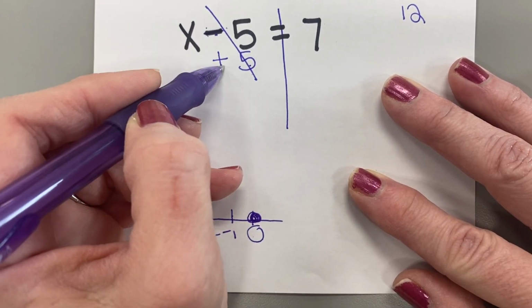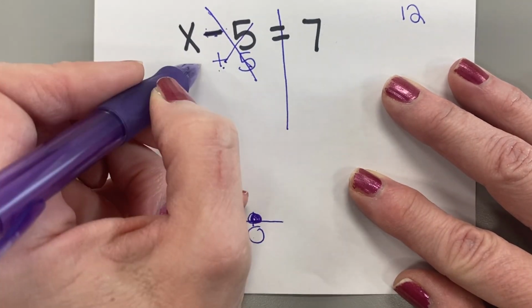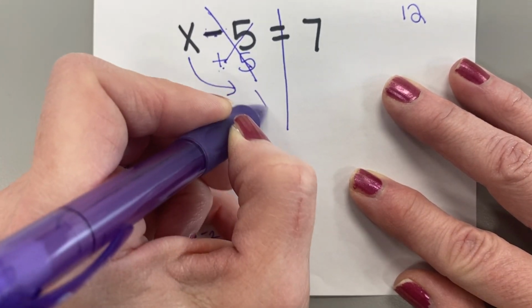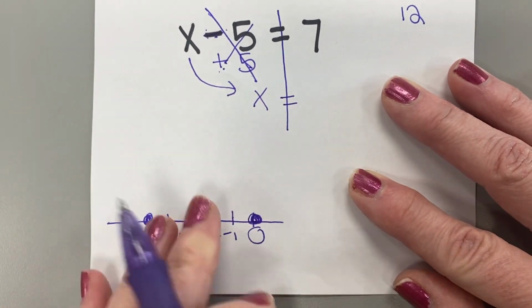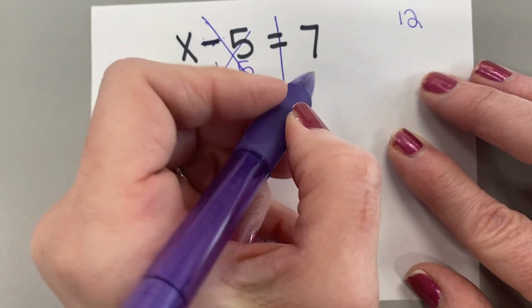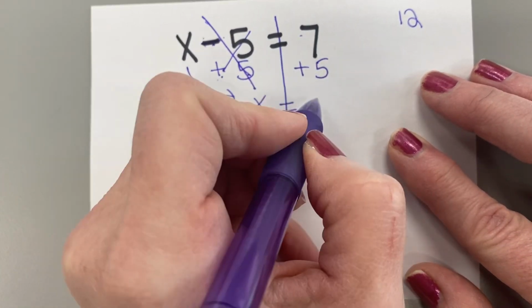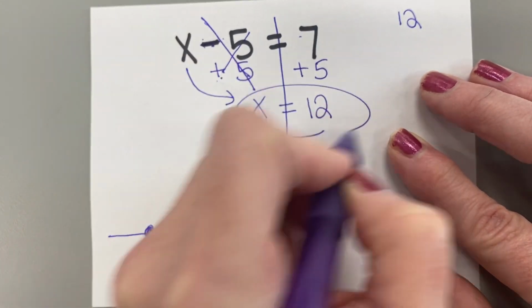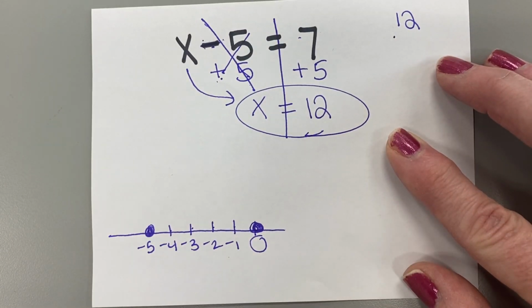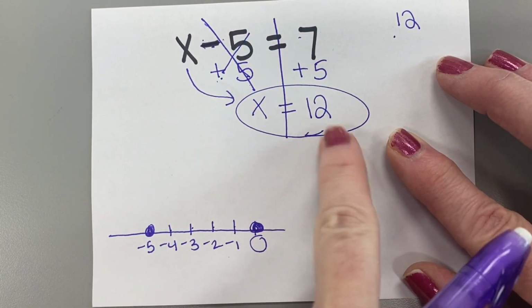So a negative and a positive of the same number will always cancel out to 0, which floats our x right on down. Now remember, whatever operation you do to the left side of the equal sign, you must balance on the right. 7 plus 5, 12, which is exactly what we guessed and checked it would be. Easy, right? 12 minus 5 equals 7, so x is 12.